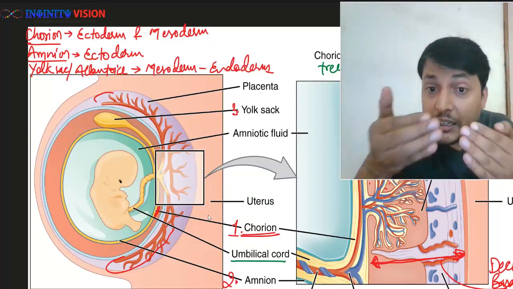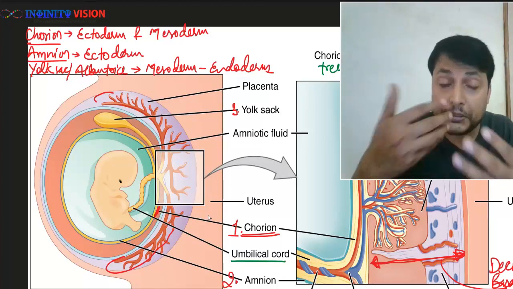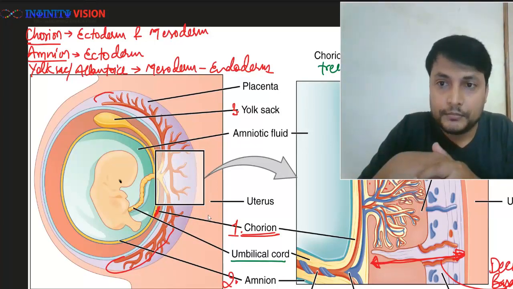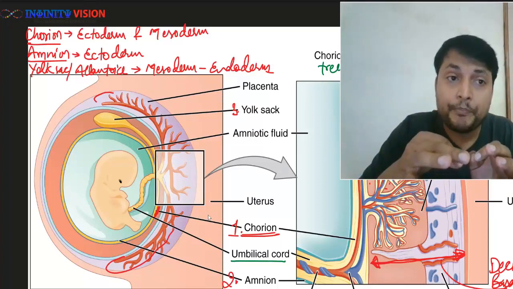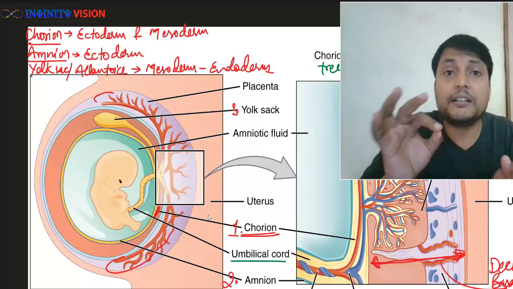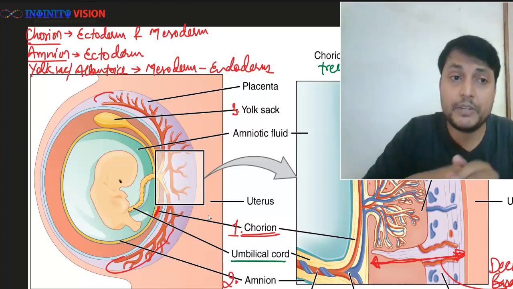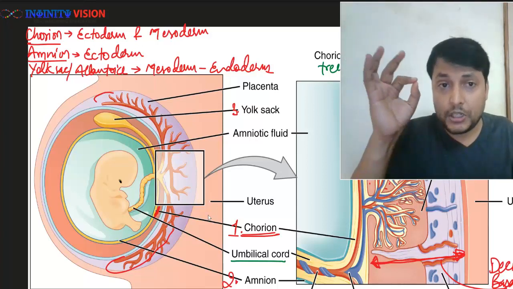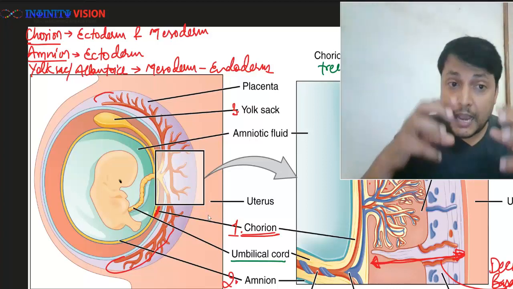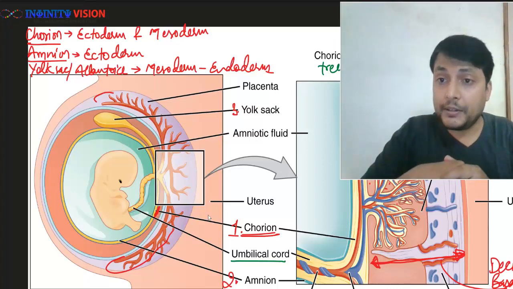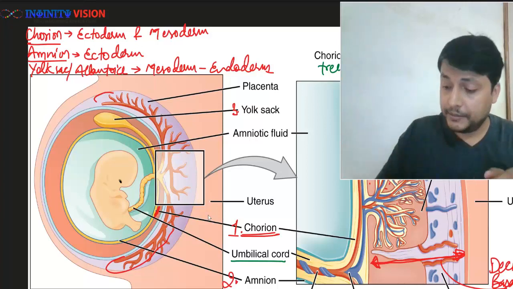Now on the inner side of the chorion there is another extra embryonic membrane called amnion. This amnion is a single layered membrane made up of flat ectodermal cells, and inside the amnion layer a fluid is filled.